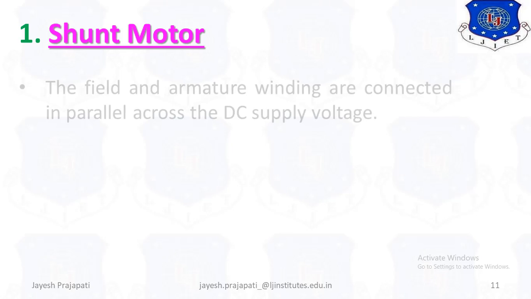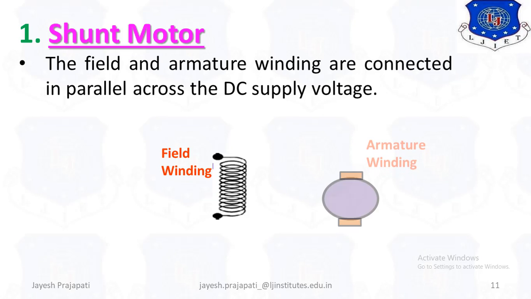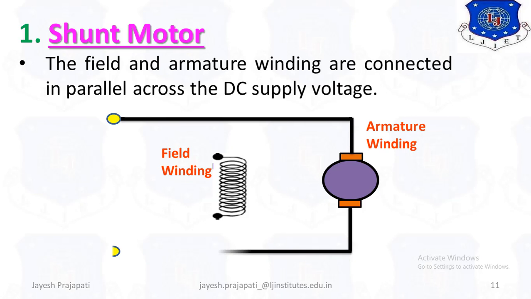So the field and armature windings are connected in parallel across the DC supply. Let us understand this statement by the figure. First we take the field winding, then the armature winding. The parallel combination of this field winding and armature winding is connected across the DC power supply.